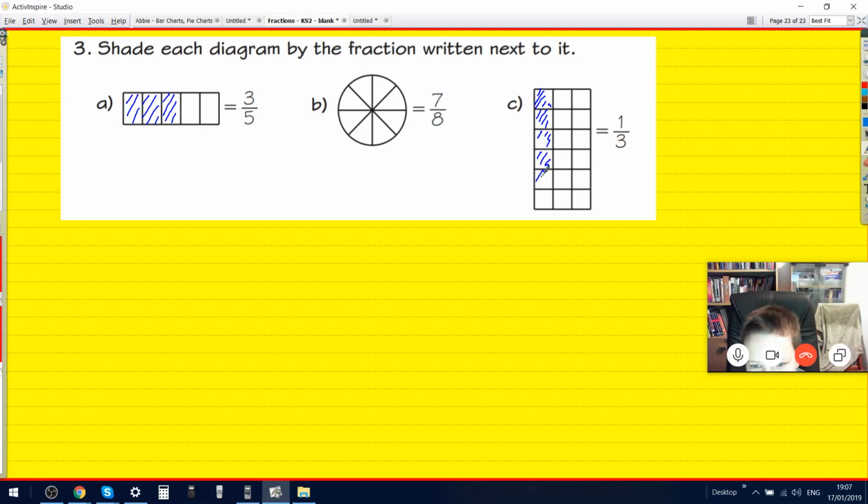What kind of shape are you going to get there? Or what do you notice about the pattern? So what do you notice about the ones that got shaded? They're all in a straight line, underneath each other.